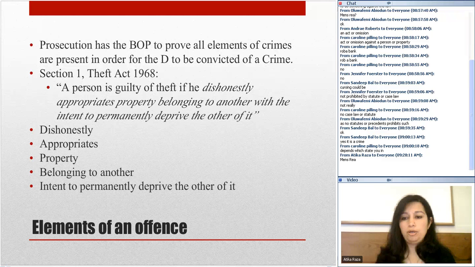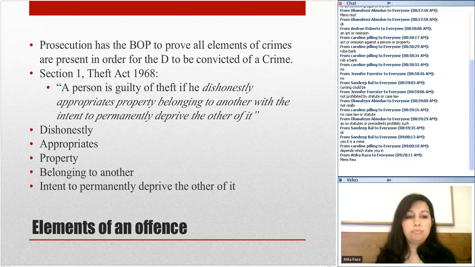Now always remember, the prosecution has the burden of proof to prove all elements of the crime in order for the defendant to be convicted. Your Theft Act states that a person is guilty of theft if he dishonestly appropriates property belonging to another with the intent to permanently deprive the other of it.